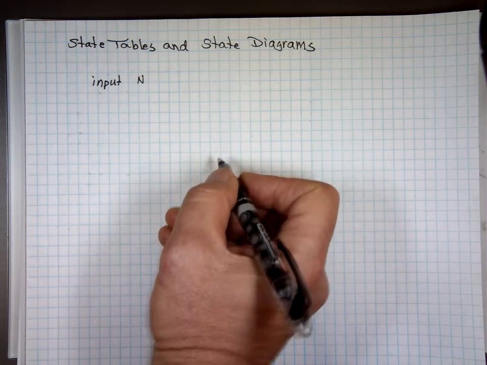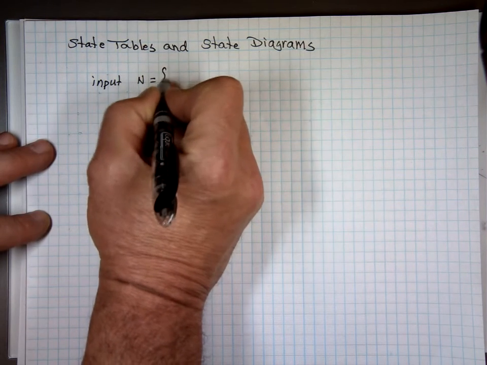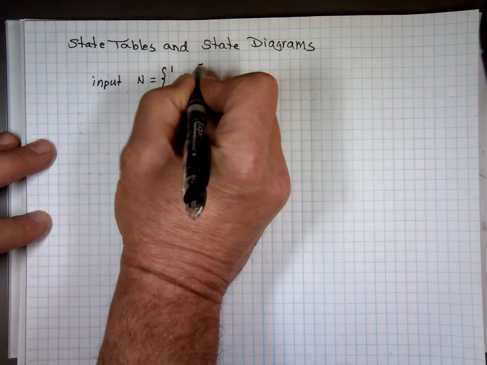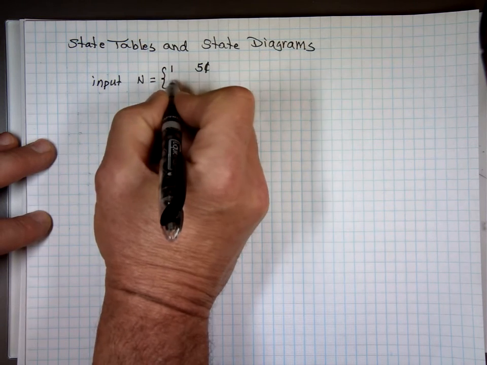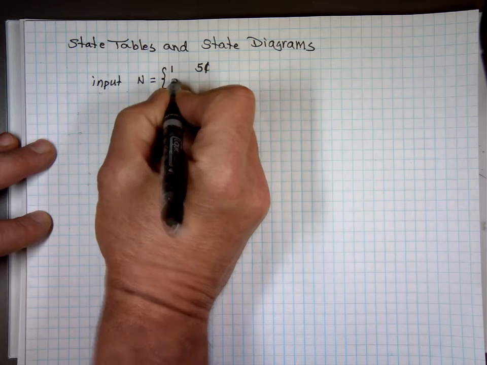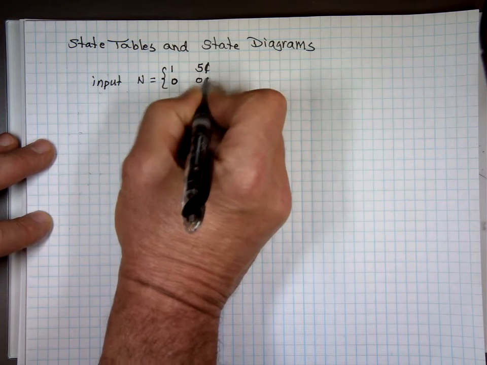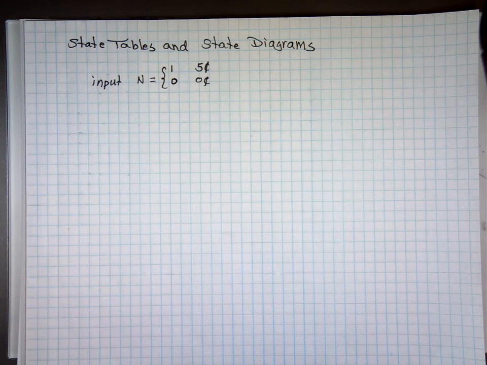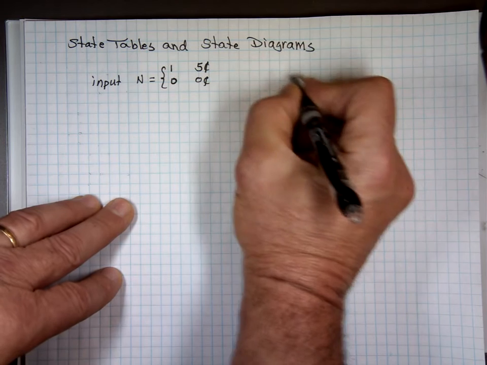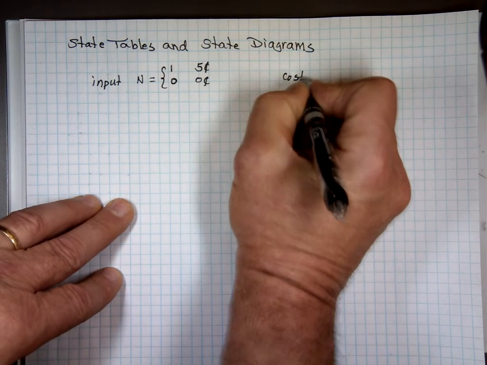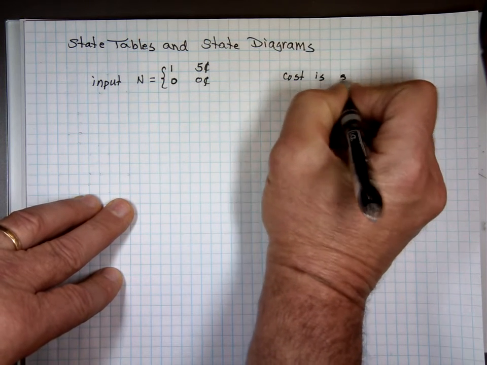If the value is equal to 1, that means we put 5 cents. If the value is 0, we have no money. We didn't put any money in. You're going through your pocket looking for some change. And let's assume, to keep it simple, that the cost of this candy bar is 15 cents.